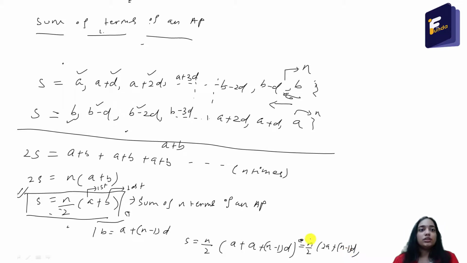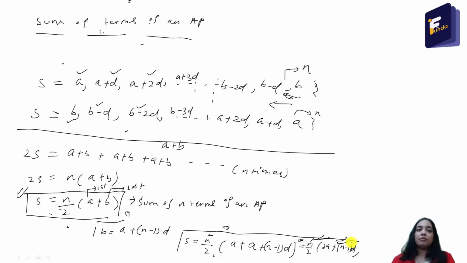So this formula also you have to remember. S equals n by 2 into 2A plus n minus 1 D. This one you have to remember.